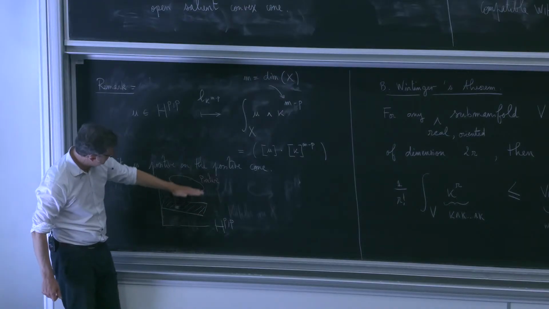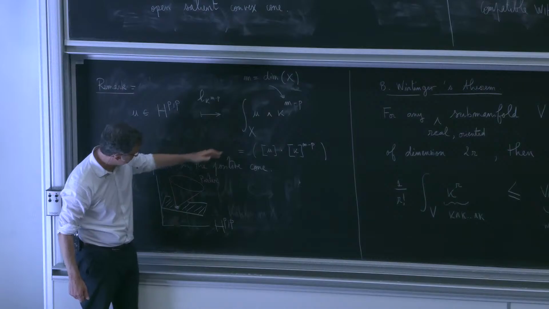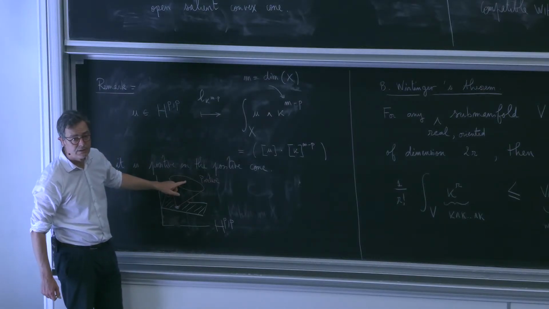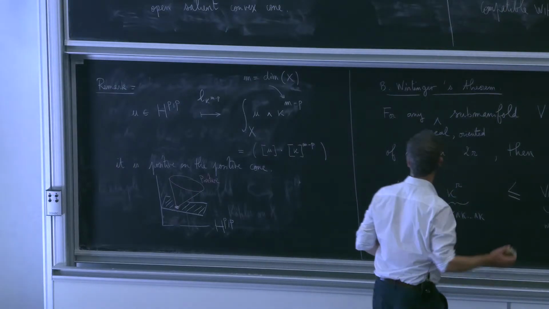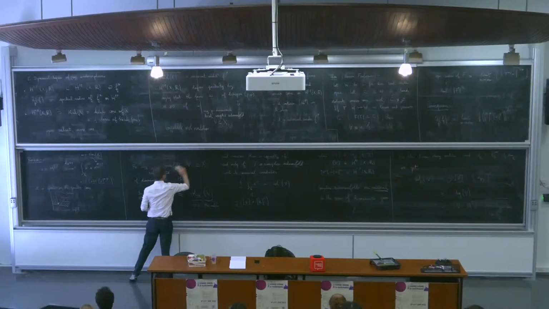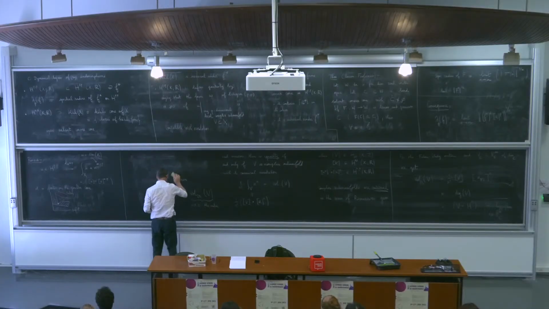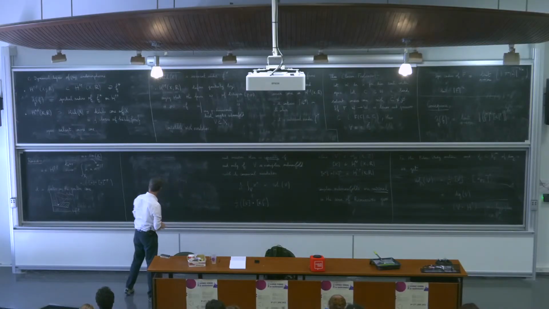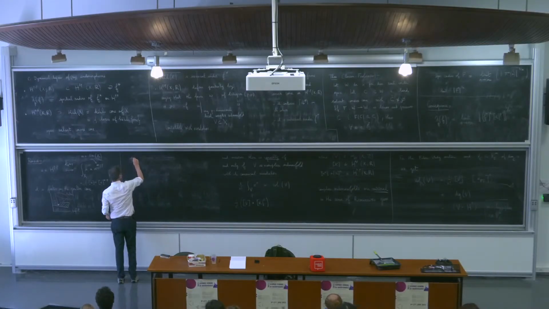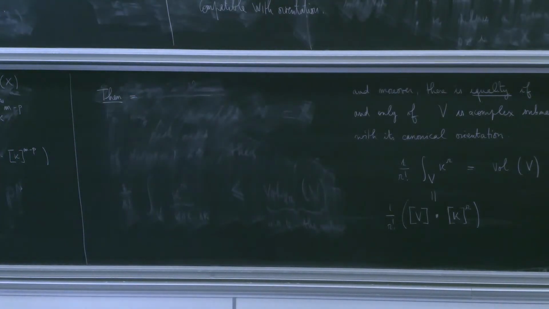And now if you have such a linear form on a positive cone, you can compare the value of the linear form to the norm of a vector. And it's comparable. So there is no Kähler geometry or algebraic geometry here. It's just linear algebra.